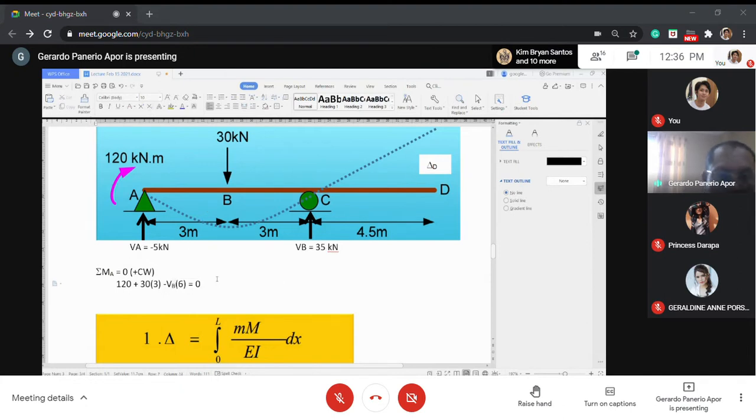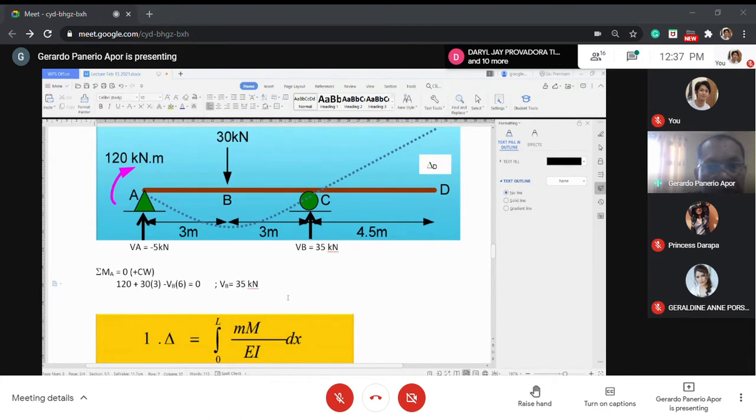If I'm going to solve for BB, you have 120 plus 90, 210 divided by 6. So BB is positive 35 kilonewton. Okay.